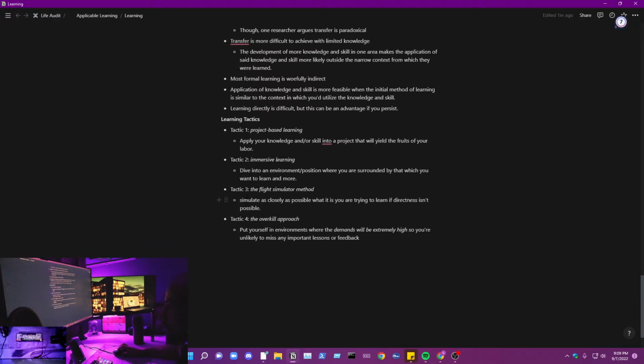Following that, we have tactic 3, the flight simulator method. Simulate as closely as possible what it is that you are trying to learn if directness isn't possible. So he would say, if you're going to become a pilot, you can't just practice by getting into a plane with no experience and attempting to fly it.